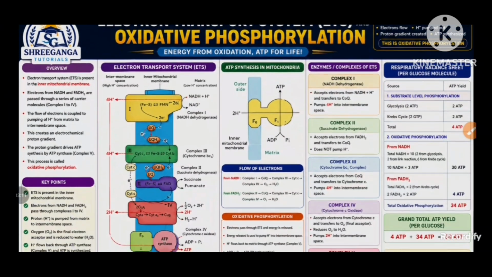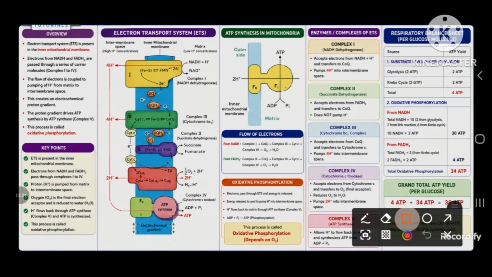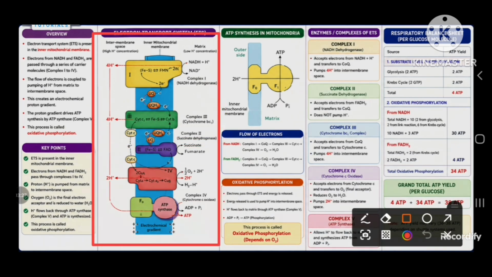Let's see how the electron carriers are arranged in the mitochondrial inner membrane. Electron carriers are mainly arranged in the inner membrane like this. First is complex 1, which is also known as NADH dehydrogenase, and after that complex number 3.